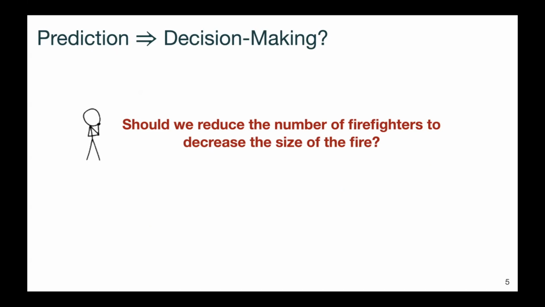But what do you think? If we just reduce the number of firefighters, we dispatch fewer firefighters, do you think this is going to reduce the size of the fire or not? Obviously not, right?